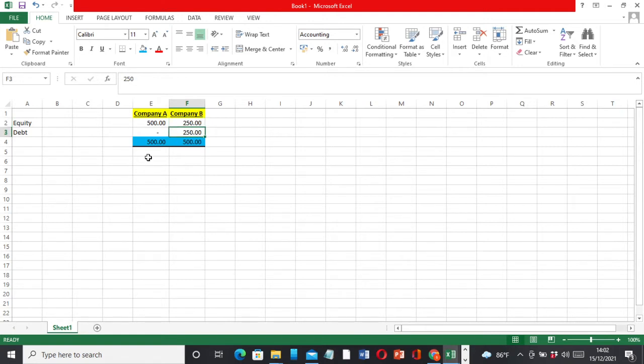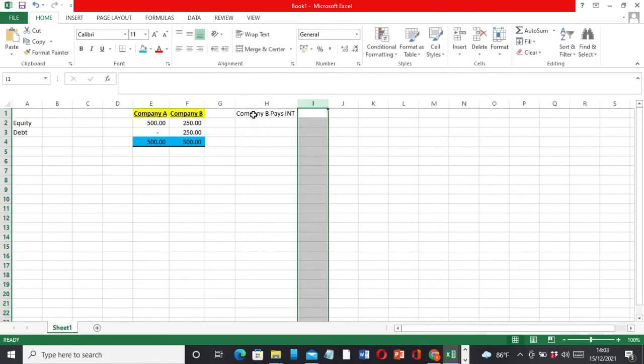So this is the scenario, right? Now let's put here company B. Company B pays interest. It's for sure that company B has to pay interest on this debt amount.